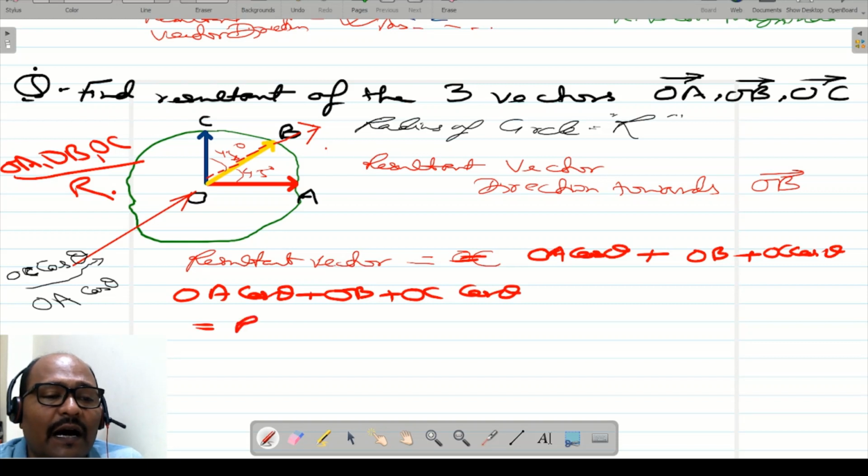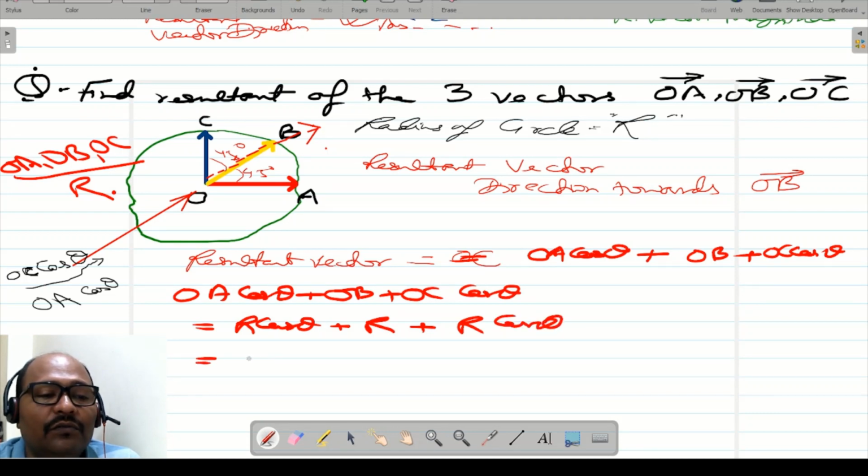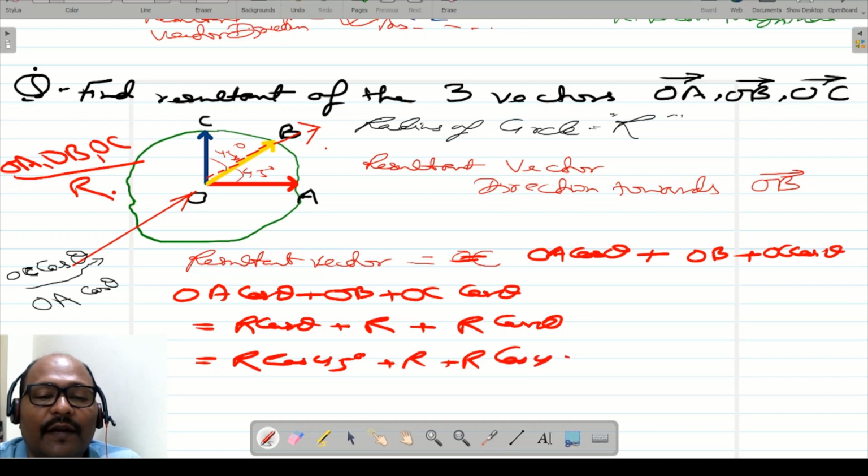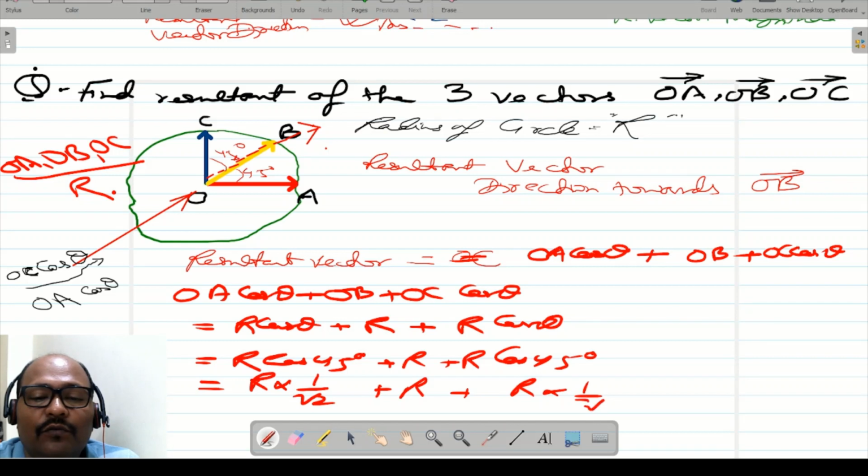So it will be R cos theta plus R plus R cos theta. That is equal to R cos 45 degrees plus R plus R cos 45 degrees, which is R into 1 by root 2 plus R into 1 by root 2.